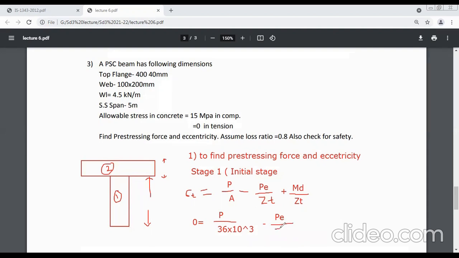How to calculate the ZT value? ZT is equal to I by YT.